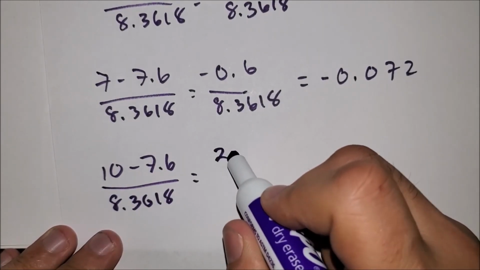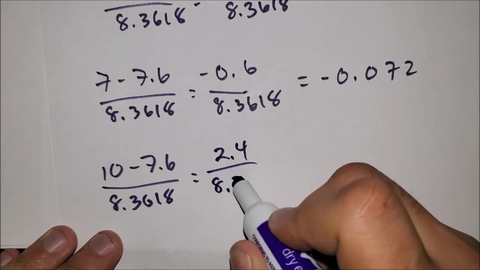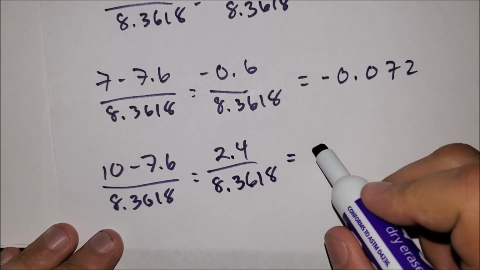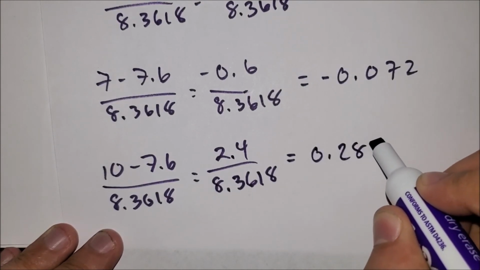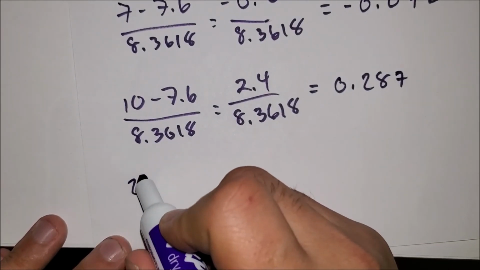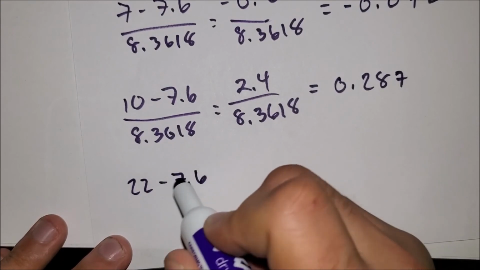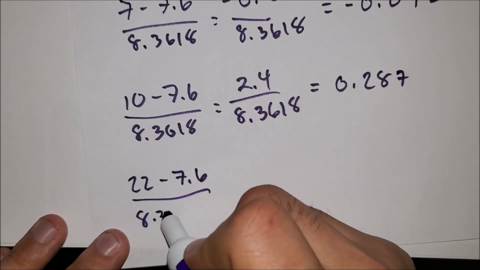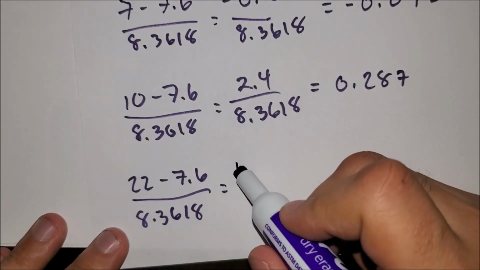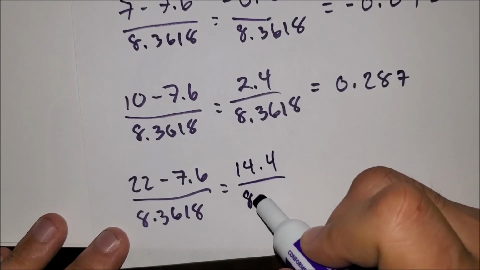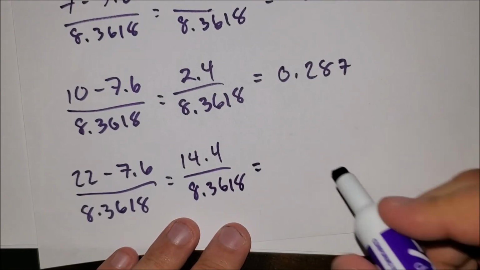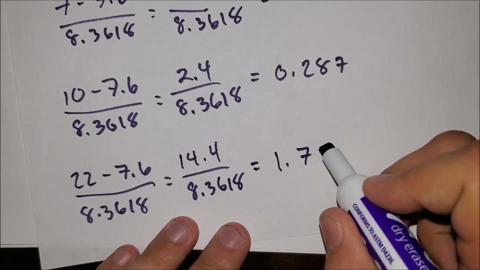This equals 2.4 over 8.3618, and calculating this one, we get 0.287. And for our last one, 22, take 22 minus 7.6, divide that by 8.3618. This equals 14.4 over 8.3618, and when we divide this out, we get 1.722.